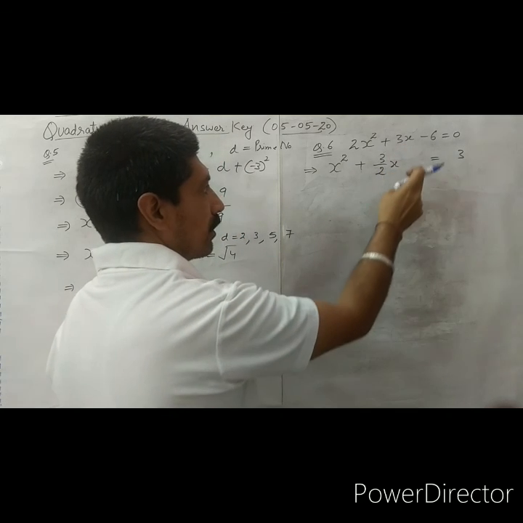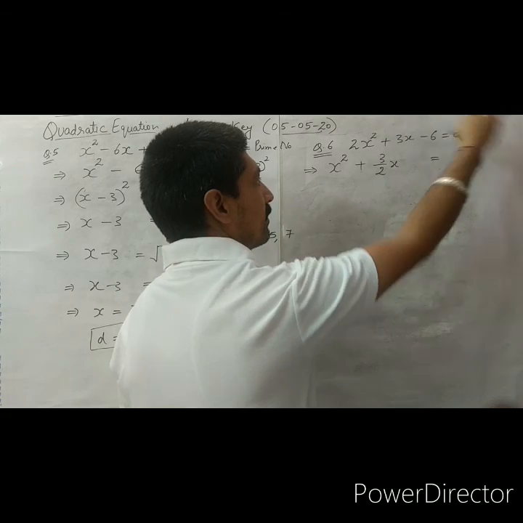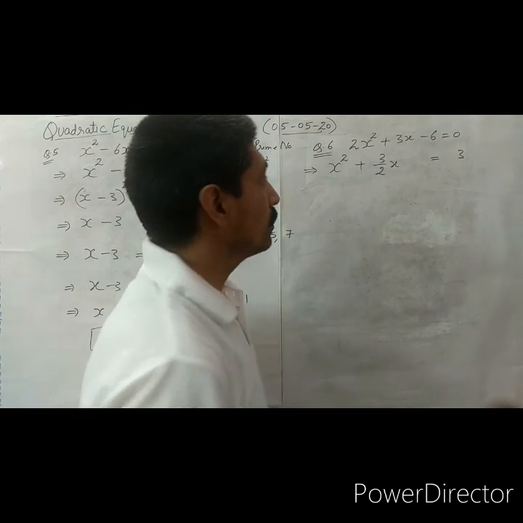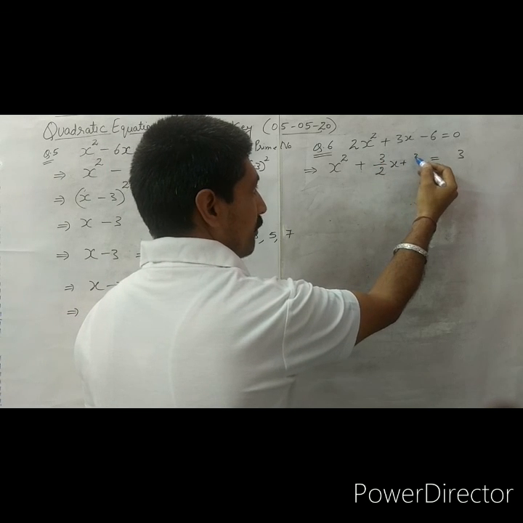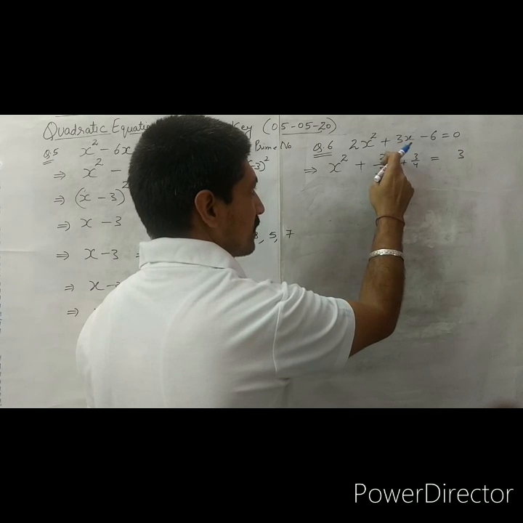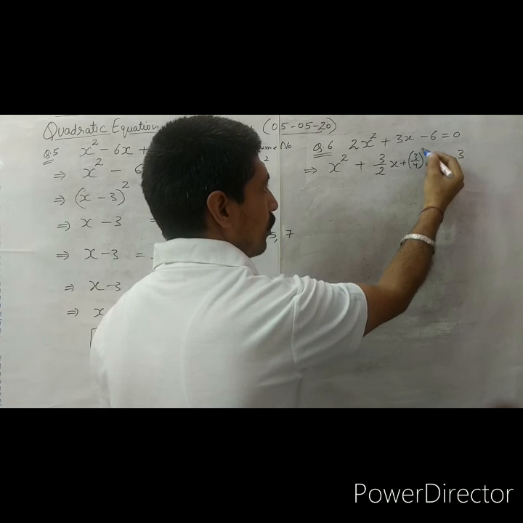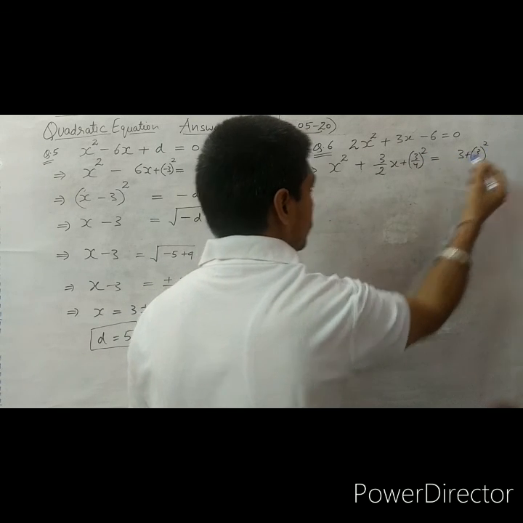When we divide 6 by 2, we get 3, and the right hand side becomes positive. The coefficient of x is 3 by 2. Dividing by 2, we will get 3 by 4. So we will add the square on both sides, 3 by 4 whole square.